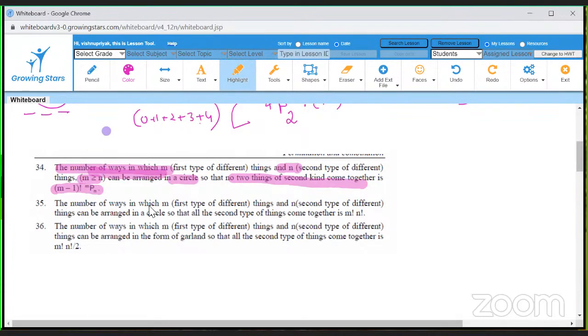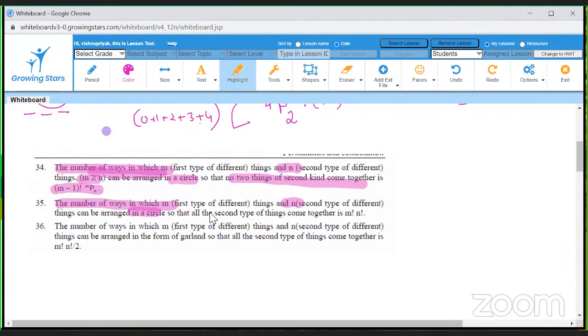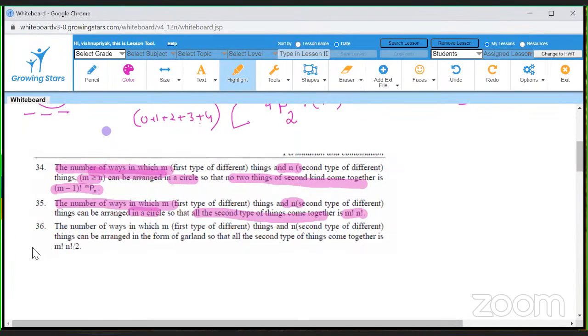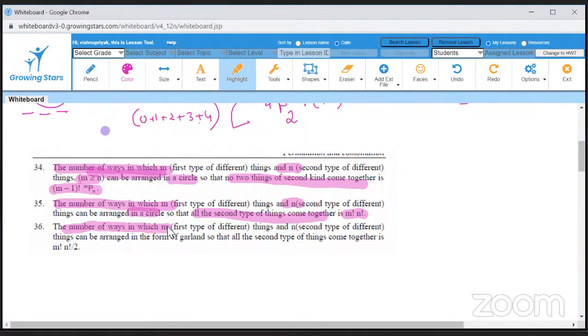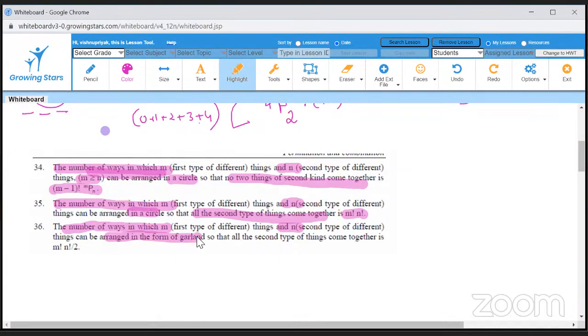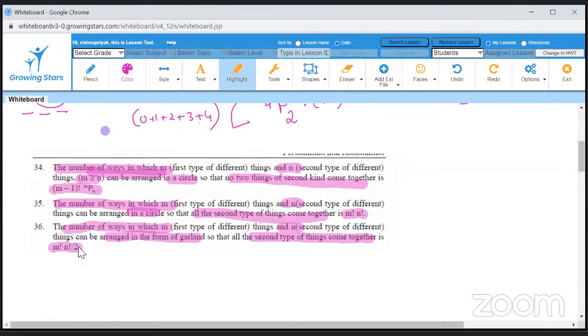Next, number of ways in which M things of first type, N things of second type are arranged in a circle, so that all the second type of things come together, is M factorial, N factorial. The third one is the number of ways in which M things of first type, N things of second type are arranged in the form of a garland, all the second type of things coming together: M factorial, N factorial by 2.